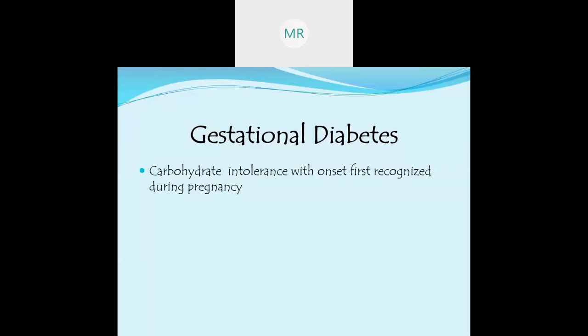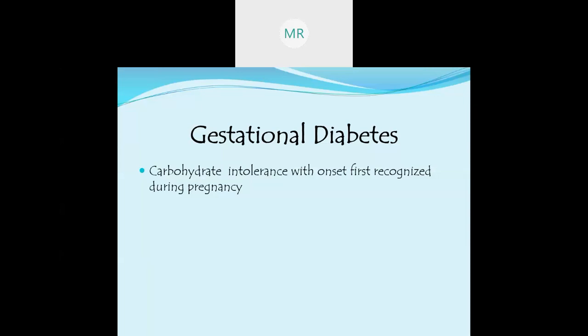And then you've got gestational diabetes: carbohydrate intolerance with the onset first recognized during pregnancy. It complicates about 3 to 9% of all pregnancies. The ideal blood glucose is about 60 to about 120. Risk factors: over the age of 25, obesity, family history of diabetes, sometimes cultures.